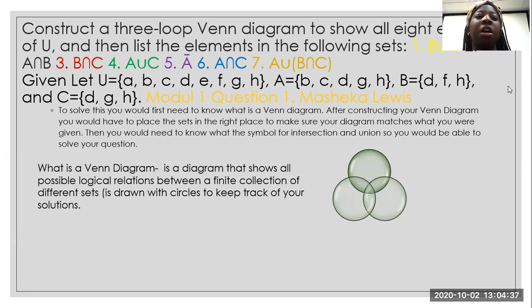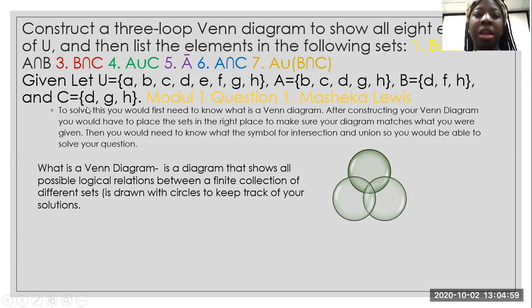Okay, so the next thing we need to know to solve this problem is what sets are. If we look right here, it gives us U, A, B, and C. To construct the three-loop Venn diagram with this, we have to see what each have in common and what each has by themselves.